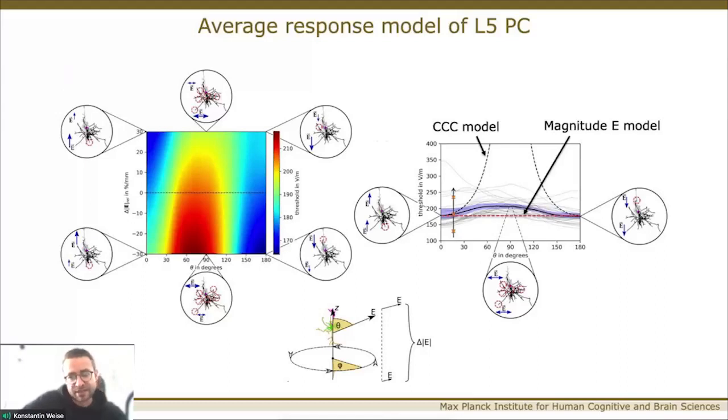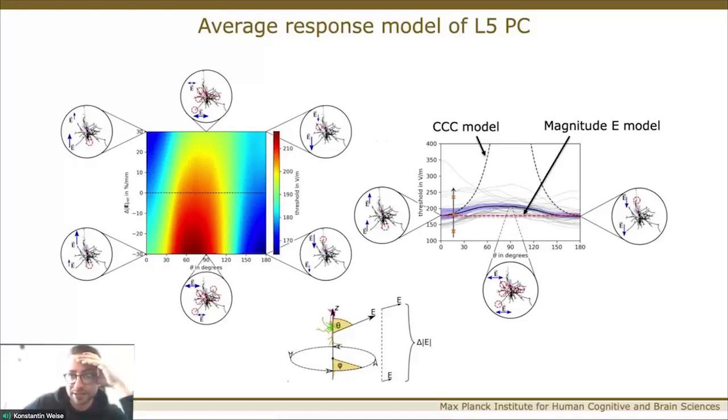It can be immediately seen that at tangential electric field, which means theta equals 90 degrees, the thresholds increase. You see a cut through this color plot on the right. If the electric field is along the somatodendritic axis, so 0 or 180 degrees, the thresholds are lowest. What I'm also showing here is basically the two alternative models.